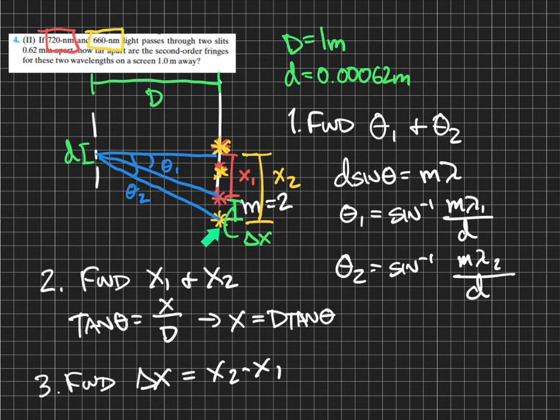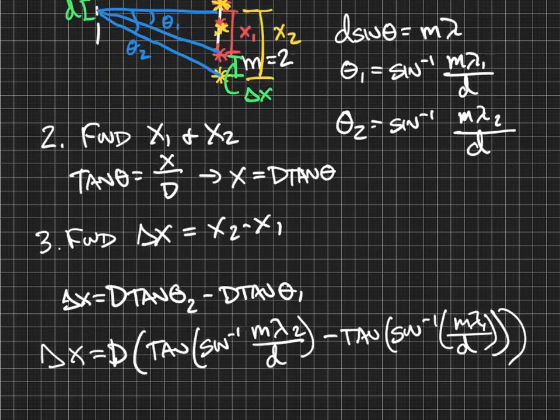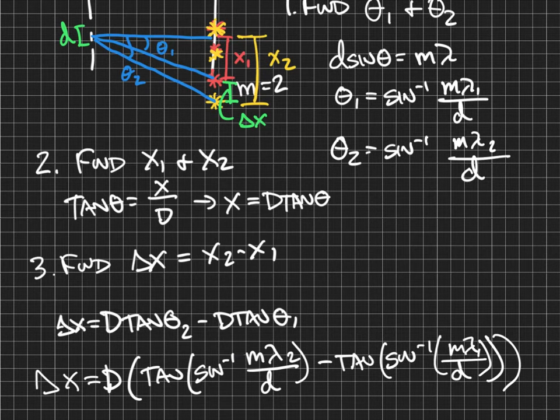The last part then is, what is delta x? Delta x is basically x2 minus x1, right? That's going to be how far apart they are. To work through that without any numbers, I would plug in: delta x is d tangent theta 2 minus d tangent theta 1.